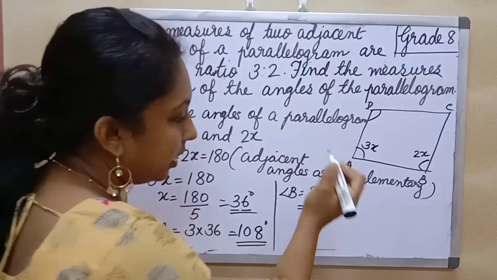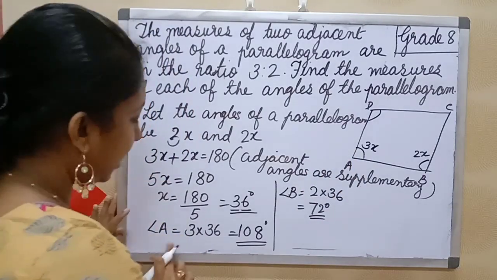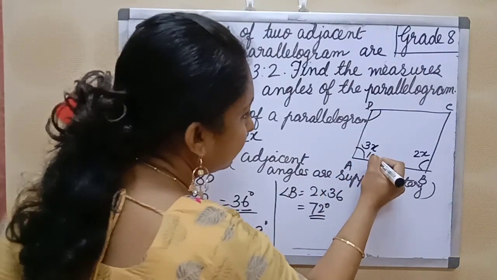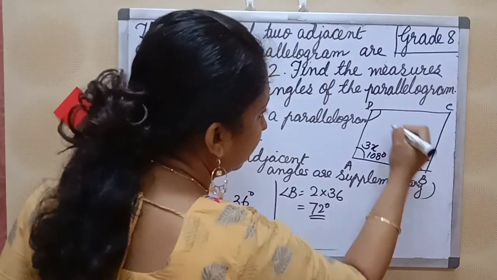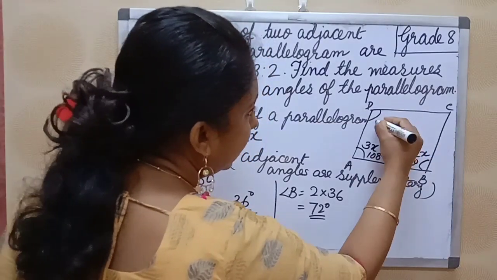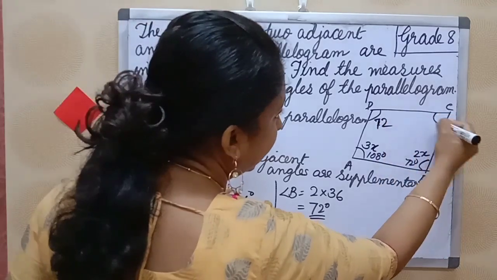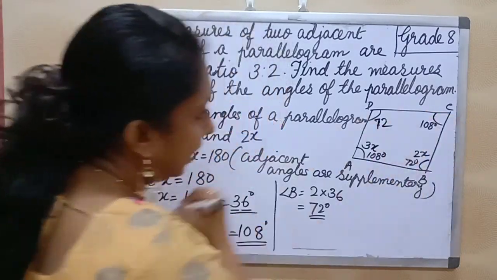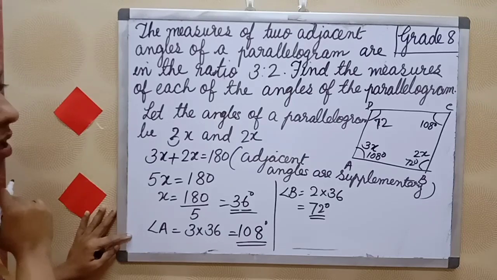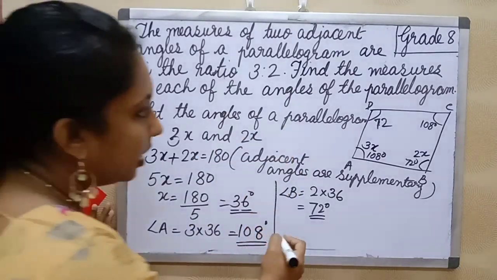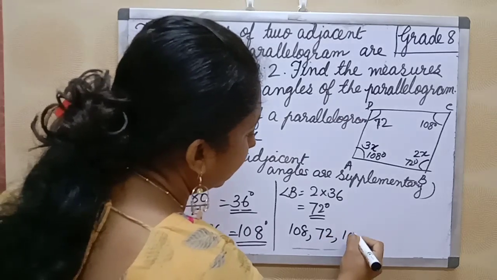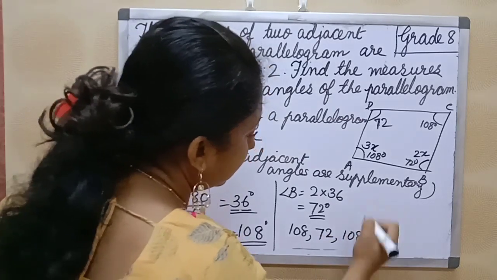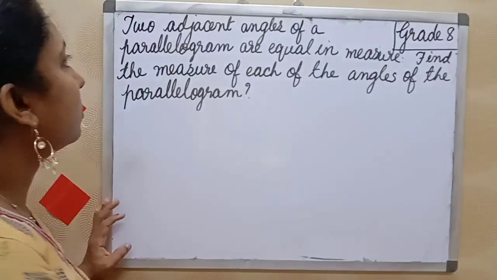Angle A is 108, angle B is 72. So obviously angle D is 72 and angle C is 108, as opposite angles of a parallelogram are equal. So the angles are 108, 72, 108, 72. These are the angles. Next question.